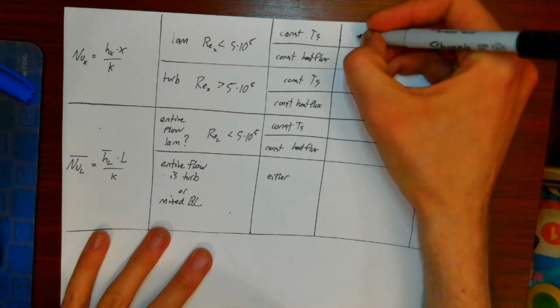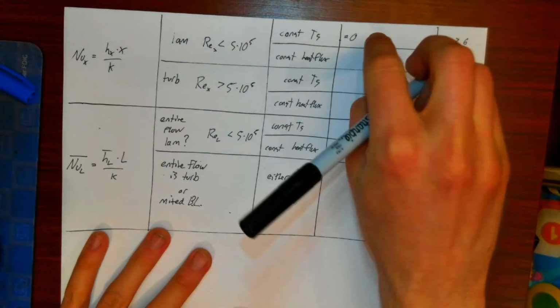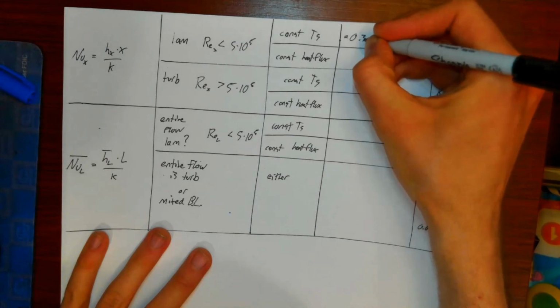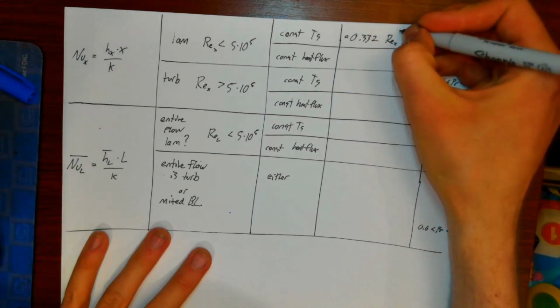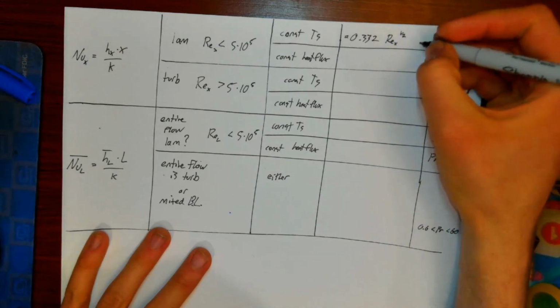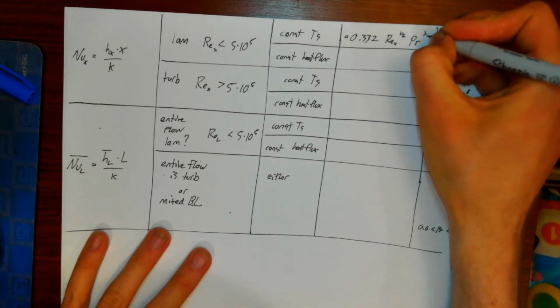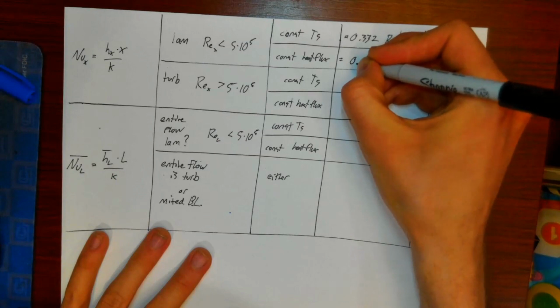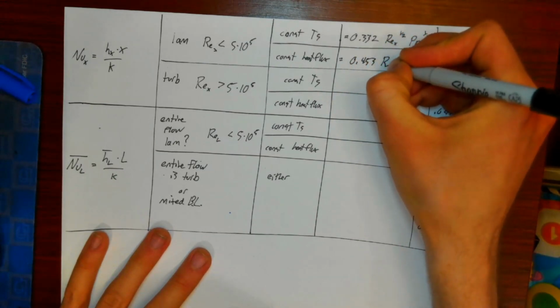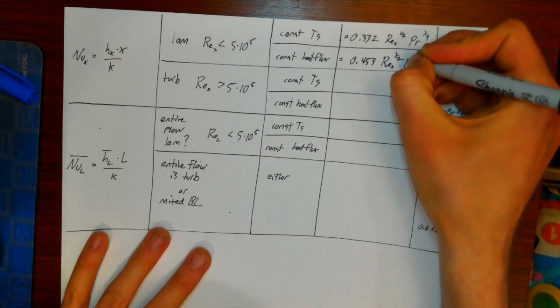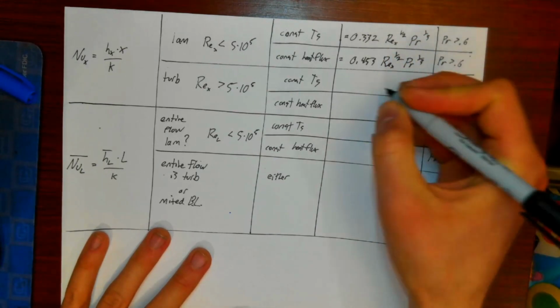So this one's Nusselt number sub x equals 0.332, Reynolds number to the 1/2, Prandtl number to the 1/3. This one's 0.453, Reynolds number to the 1/2, Prandtl number to the 1/3.